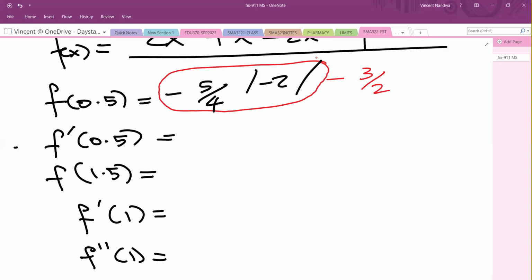Then f prime at 0.5 means you will differentiate the function and then replace 0.5.